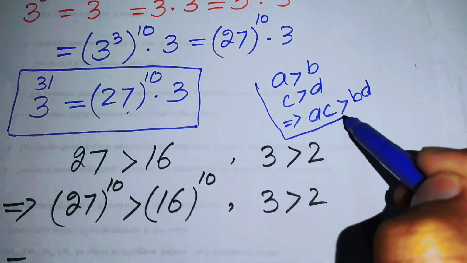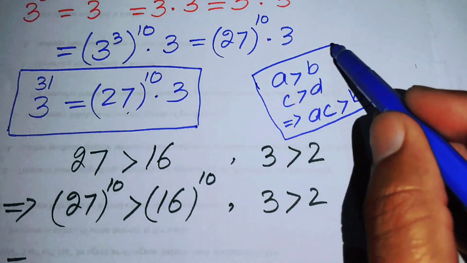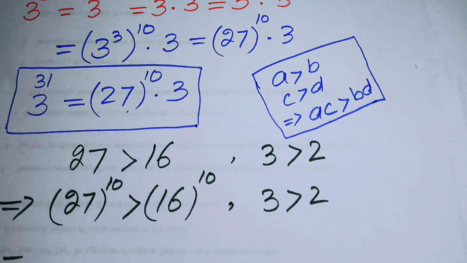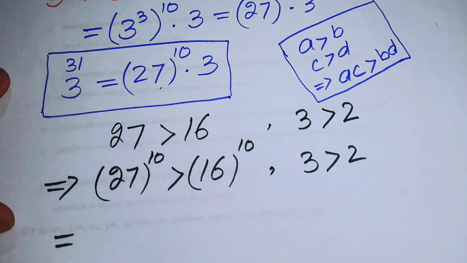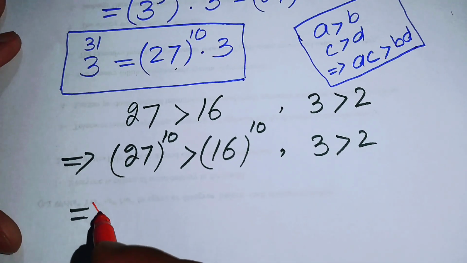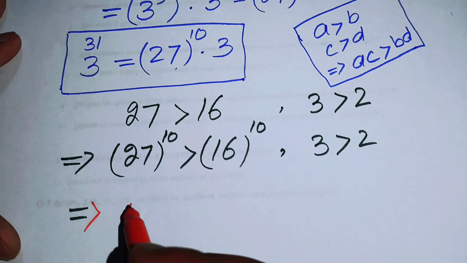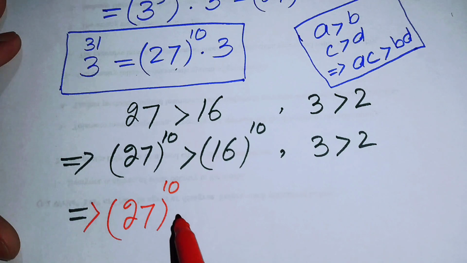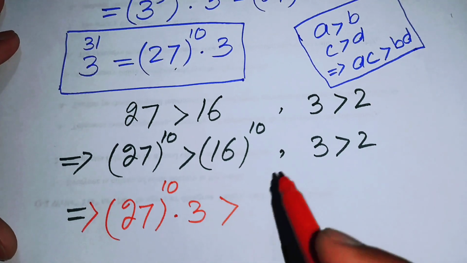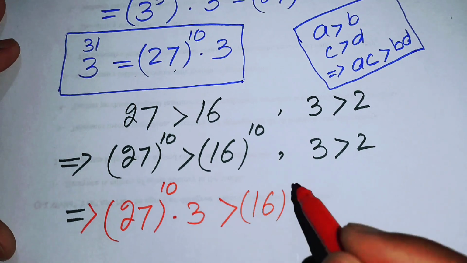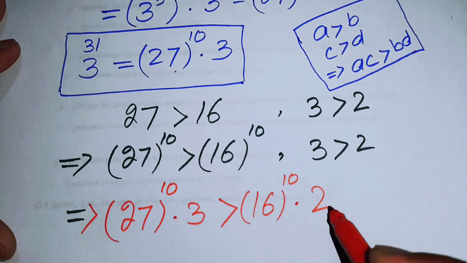So now we can use this nice law of inequality, so that when you multiply these two, you get the output in the form of 27 to the power of 10 times 3 is greater than 16 to the power of 10 times 2.